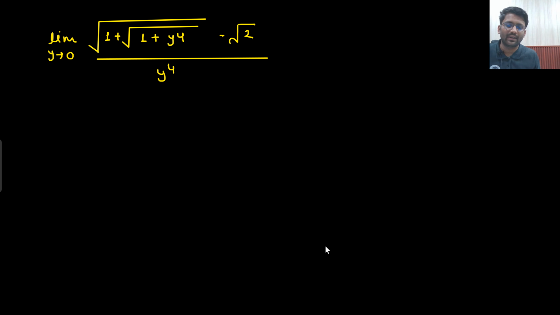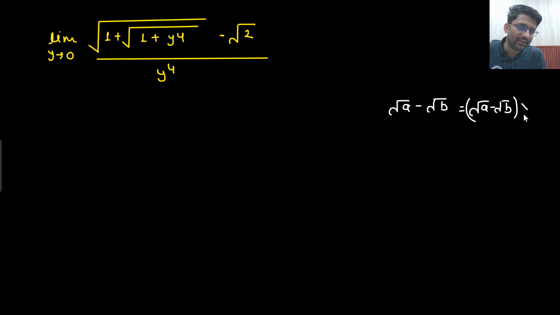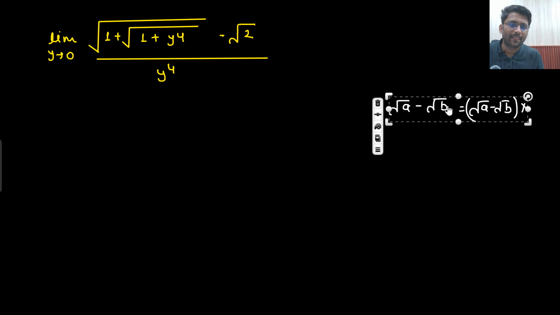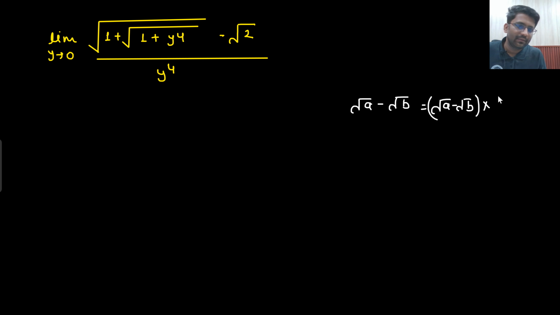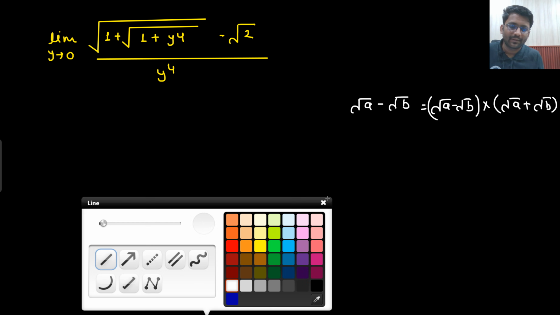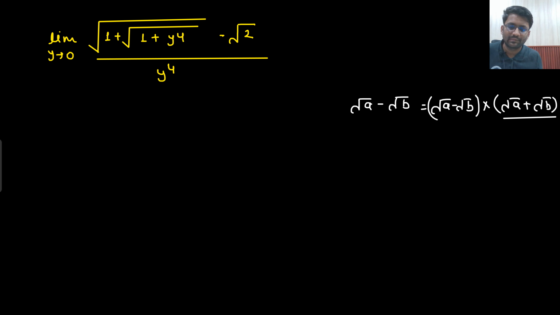Again, let's write it down in a good manner. I need to do under root a minus under root b, and I need to kill this under root. So what I did was keep under root a minus under root b as it is, and multiply with under root a plus under root b divided by under root a plus under root b.